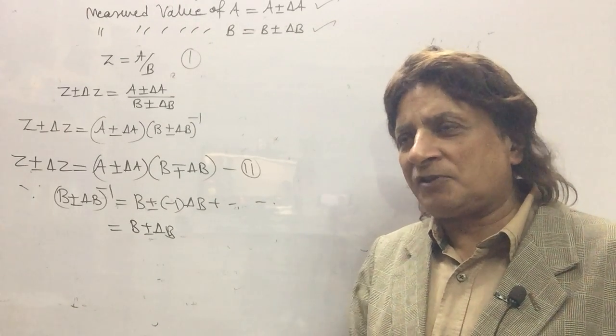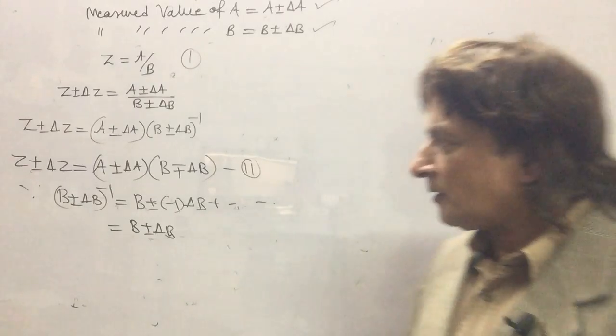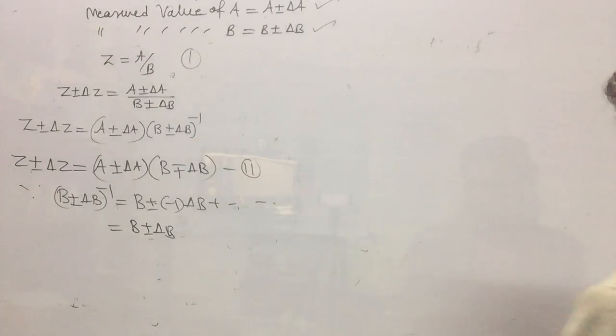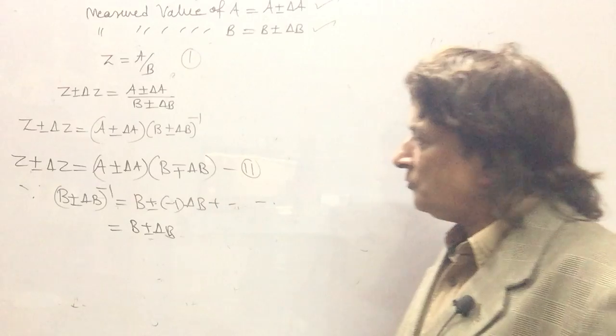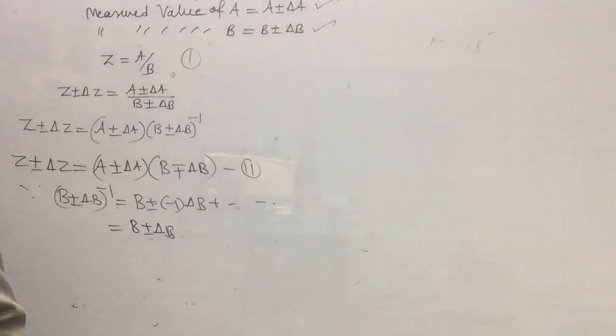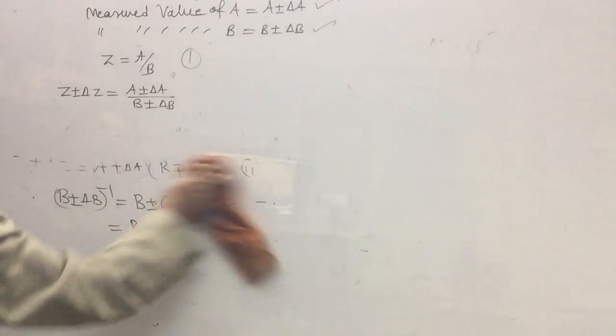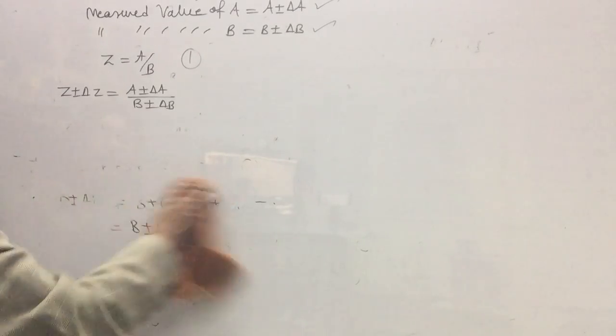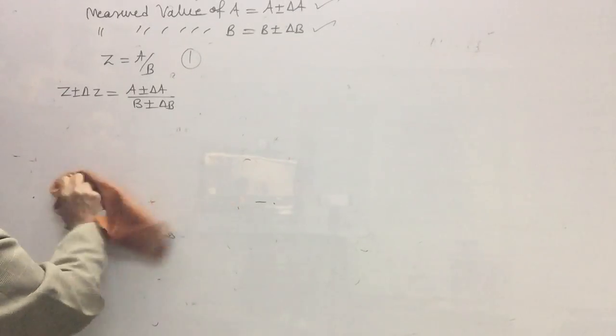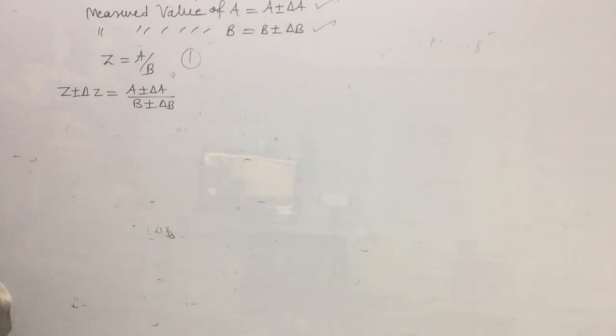Okay, this is an exercise for you. Or you can do one thing more simpler. Instead of making binomial with this, you can divide both sides by Z.